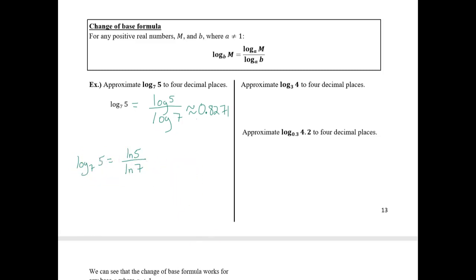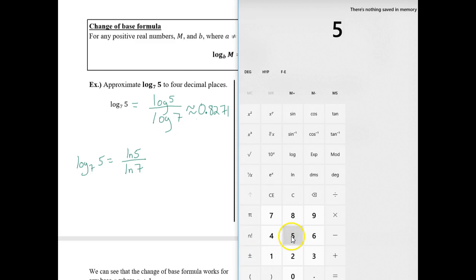And I'm going to type that into my calculator. So 5, the natural log, divided by 7, take the natural log of that, and what does that equal? Same thing, 0.827, after I round it, a 1.